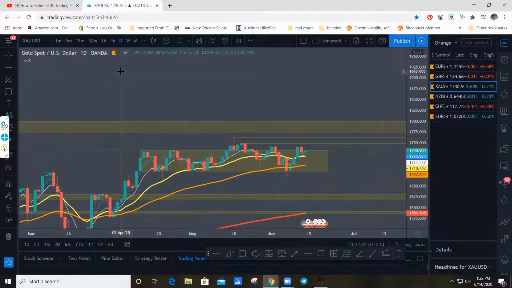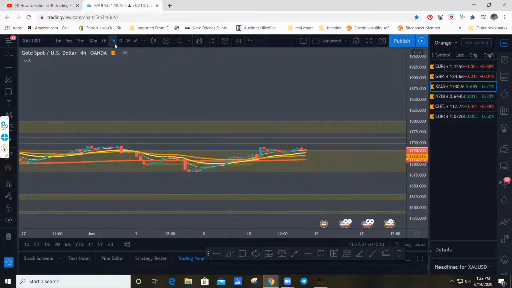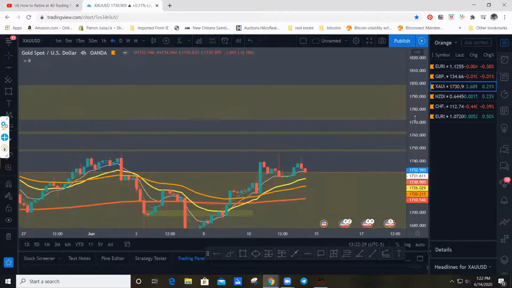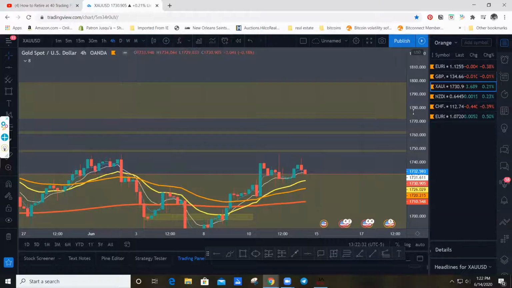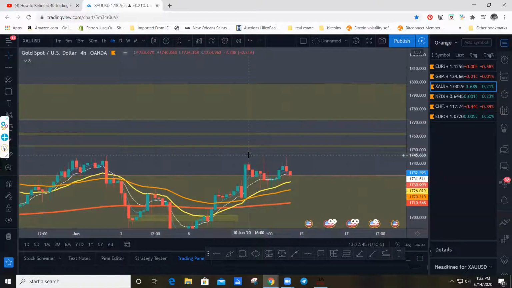Yeah. Yeah, it's consolidating at a strong resistance. Price will have to break above this. Yeah. It's still heavily supported though.